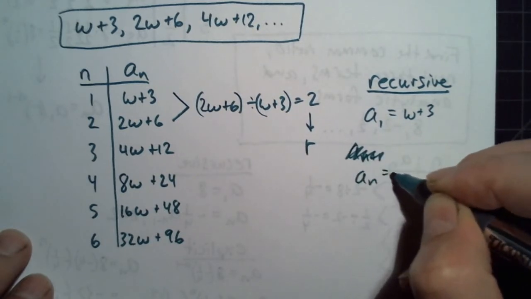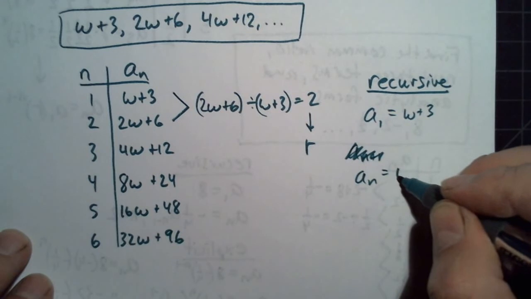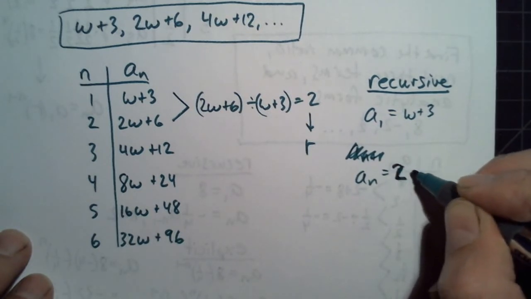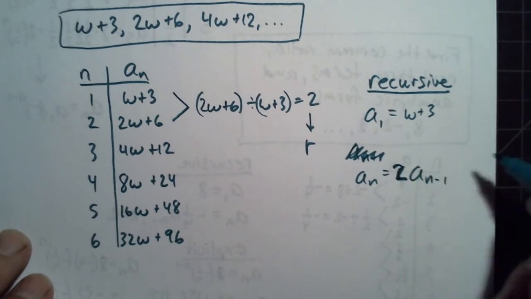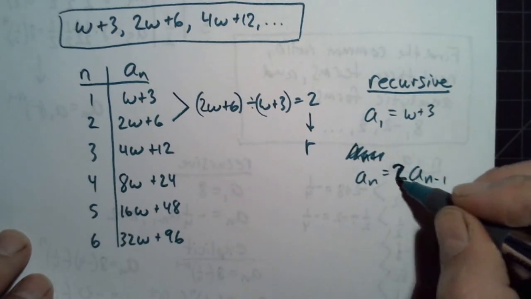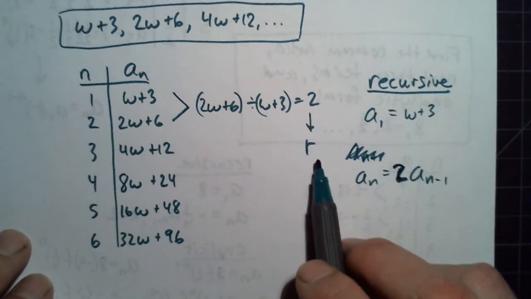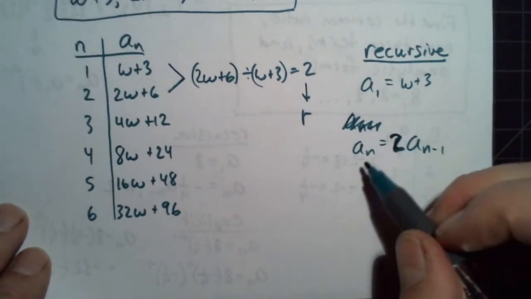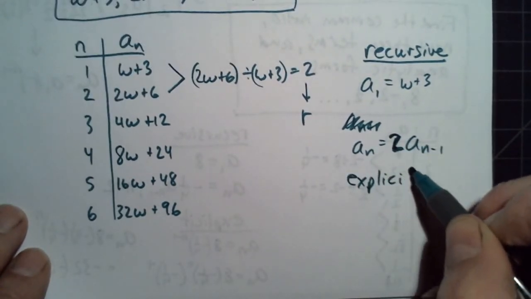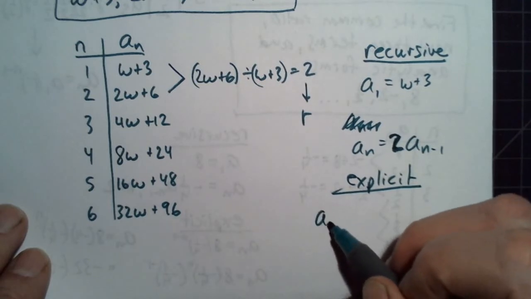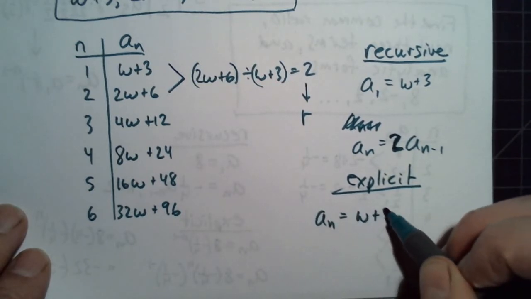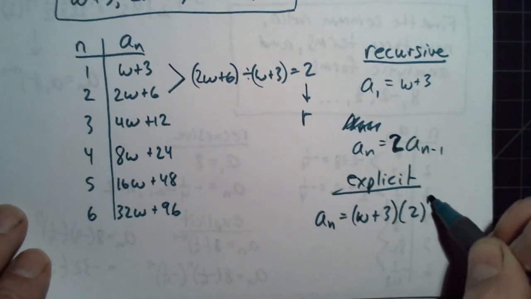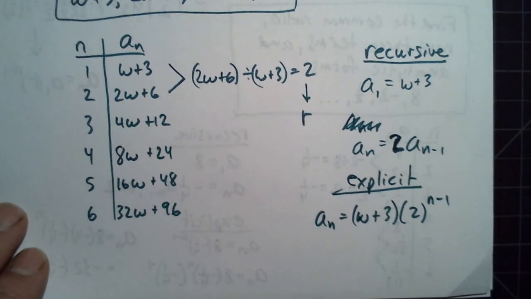We're going to write it like this: a sub n equals 2 times the previous term. And we're getting that from the common ratio of 2. So to get to the next term, we just multiply the previous term by 2. Explicit form is just the first term times the common ratio to the n minus 1 power.